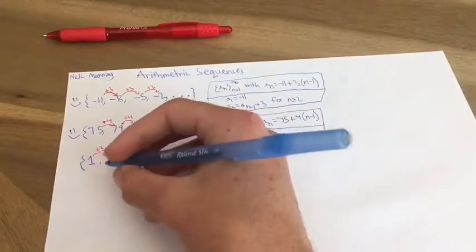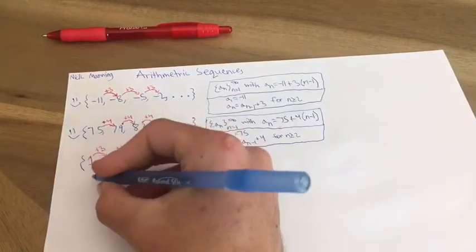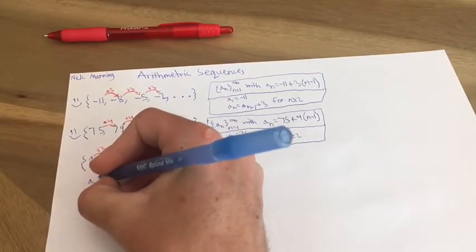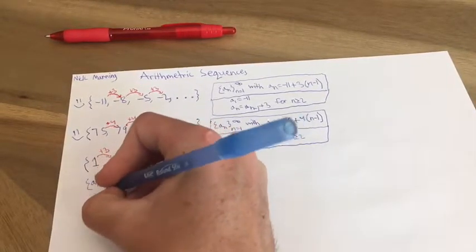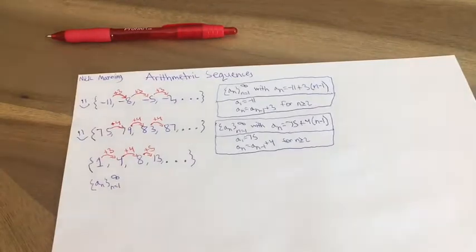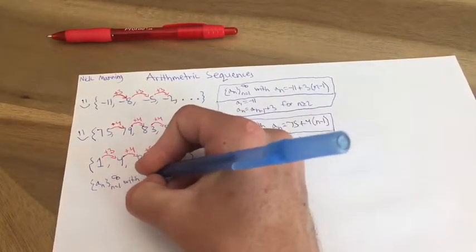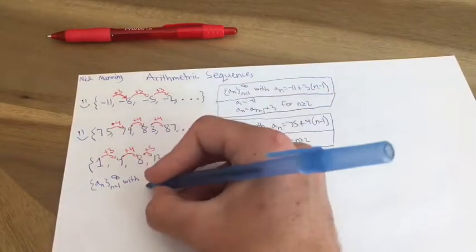So this one, we can write recursively. What we will do is our first term, first a sub n, going on to infinity. Our first value is 1, with a sub 1 equals 1. First term is 1.